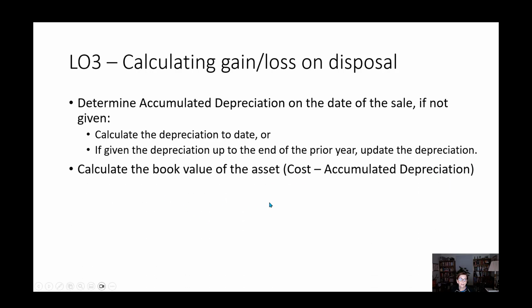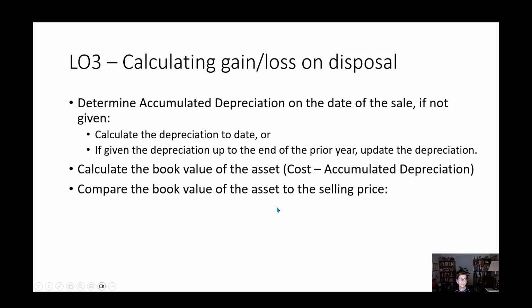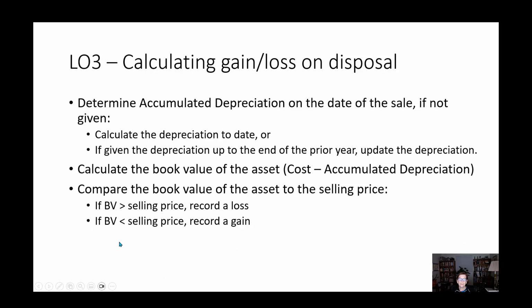Then you're going to calculate the book value, which remember I said was cost minus accumulated depreciation. And we're going to compare the book value of the asset to the selling price. If you're selling your asset for less than the book value, you're going to have a loss. If you're selling your asset for more than the book value, then you're going to have a gain.